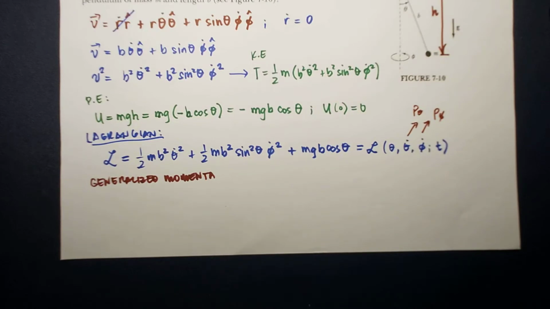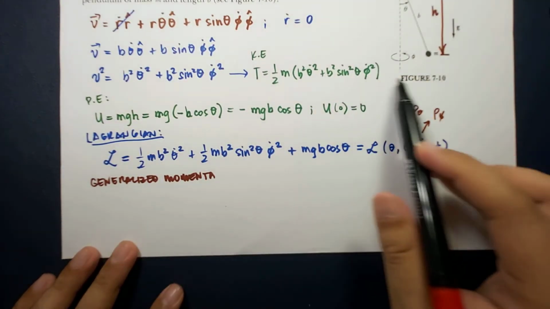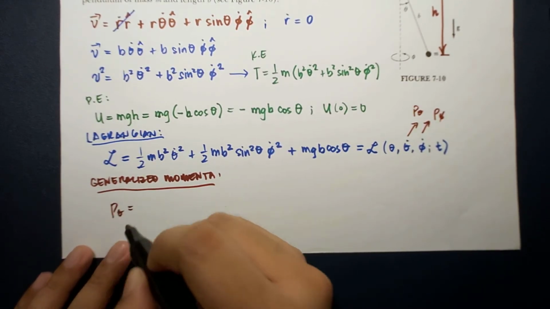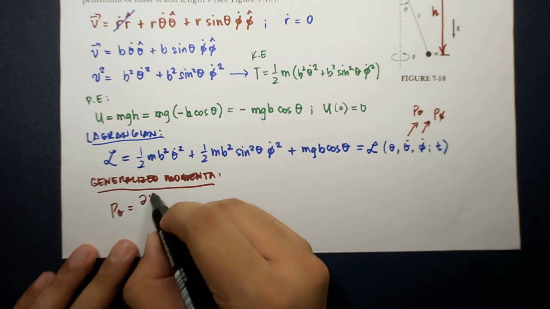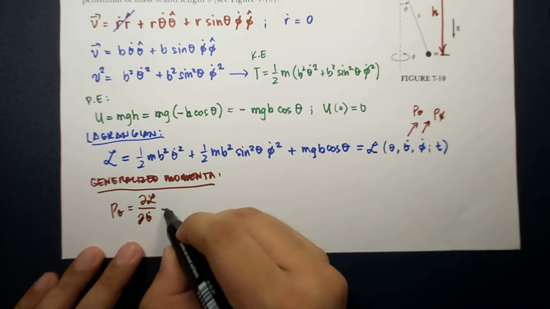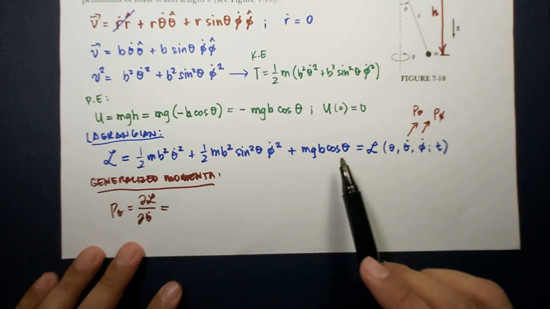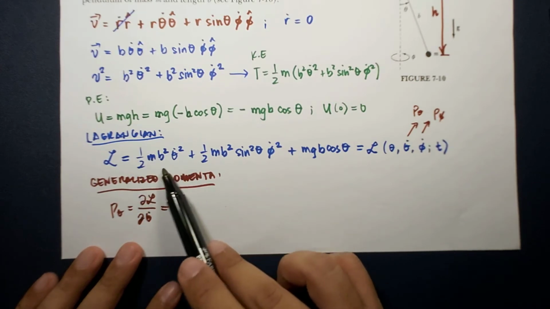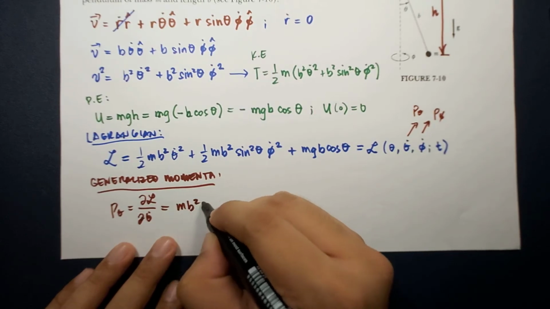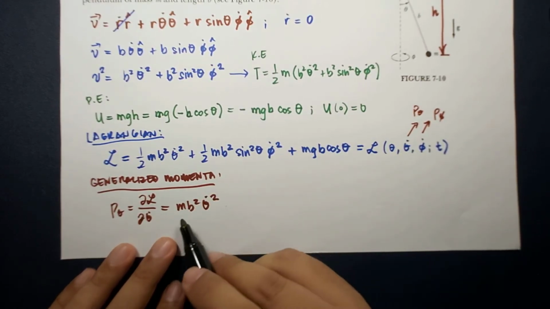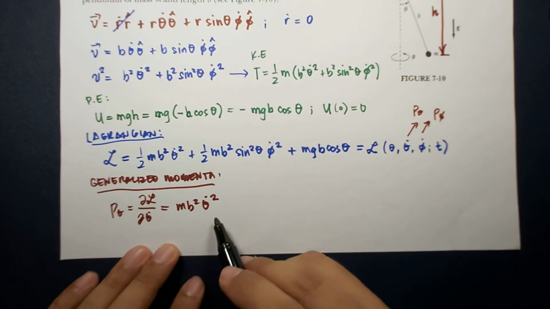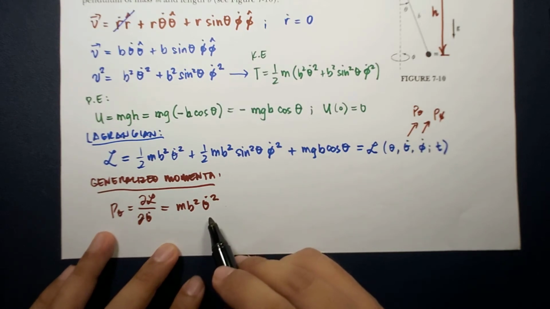Let's see how this system is different. Let's start with p theta, which is the partial derivative of the Lagrangian with respect to theta dot. This is the only term in the Lagrangian that has theta dot, so the answer is m b squared theta dot, which is what we got with our plane pendulum. This is your usual angular momentum.